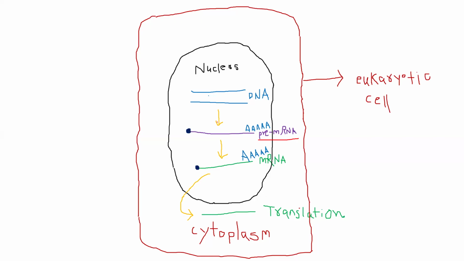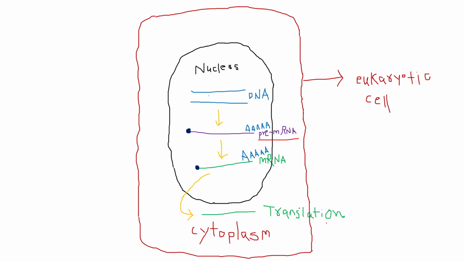So transcription has to be completed, the RNA processing has to be completed, and then the mature mRNA has to be exported from the nucleus to the cytoplasm for translation. So these are the two major differences in the production of mRNA in bacteria and eukaryotes.